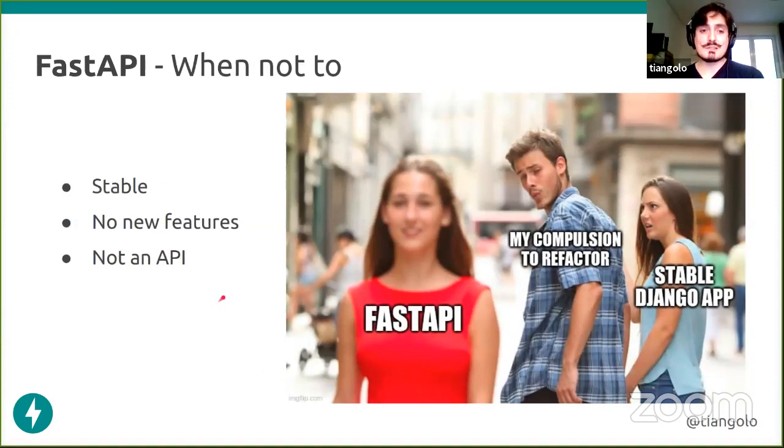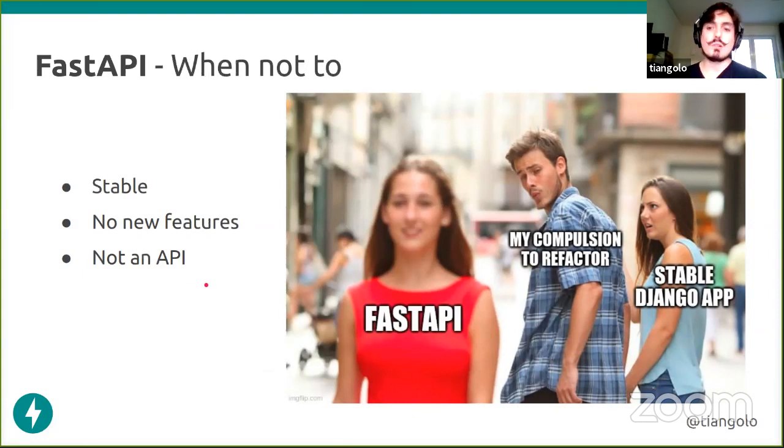Or if you are building something that is not an API, but just a standard backend with templates, you can actually do that with FastAPI, and it will be probably very similar to Flask or something like that. Maybe you will get a bit of extra performance, but you won't see a lot of the benefits with something that is not really an API. So that's probably a case where you wouldn't want to do that.